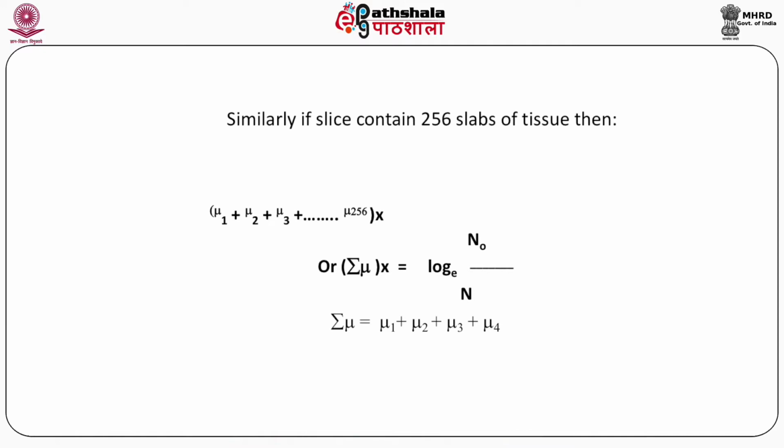That means by finding out the intensity of transmitted X-ray and intensity of incident X-ray, we can find out the total linear attenuation coefficient values. The absorption measurement gives the total linear attenuation coefficient values acquired by the detectors.